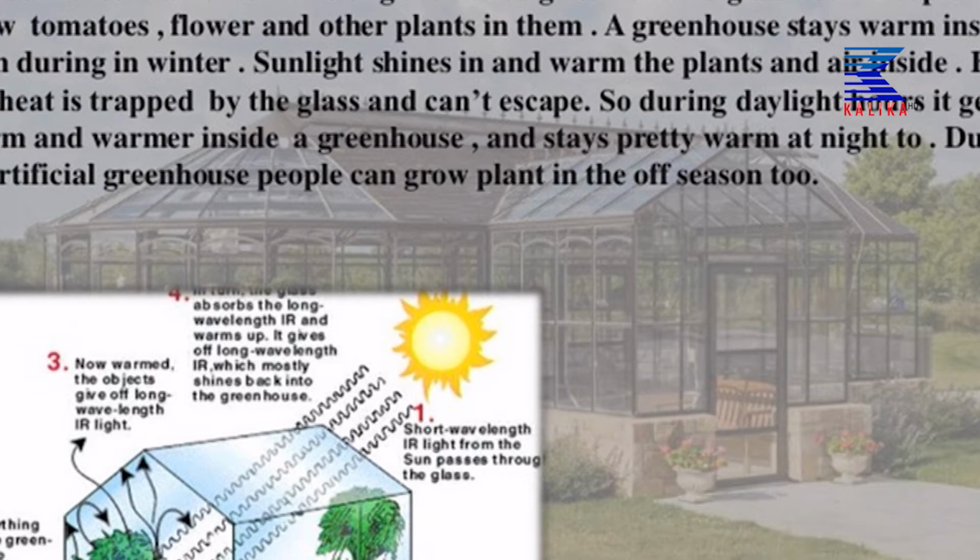So during the daylight hours it gets warmer and warmer inside the greenhouse, and it stays pretty warm at night too. Due to artificial greenhouse, people can grow plants off-season too. For example, we cannot grow kaoli during July, and you can grow the kaoli inside the greenhouse, for example. Okay, so that's the reason.